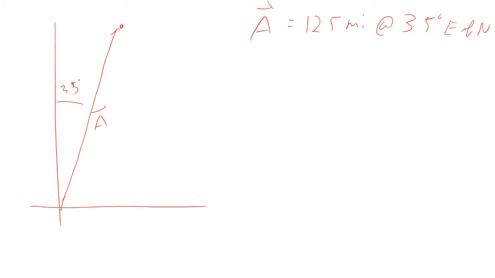And then what happens is that half an hour later, so 30 minutes later, then you have vector B. And at vector B, you notice that the aircraft is now a distance of 67 miles away, and is at an angle of 42 degrees.